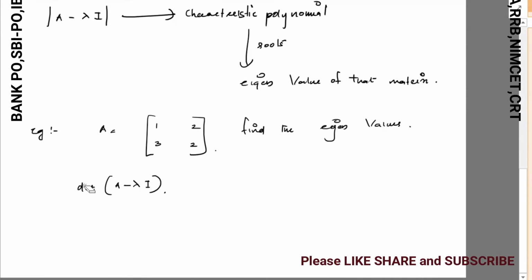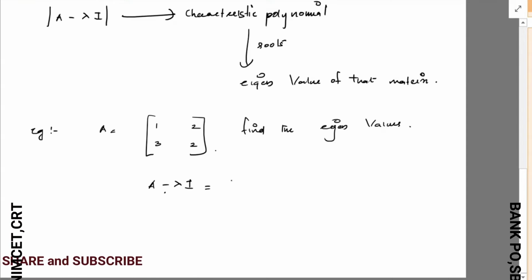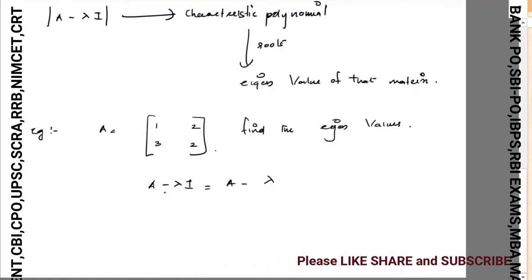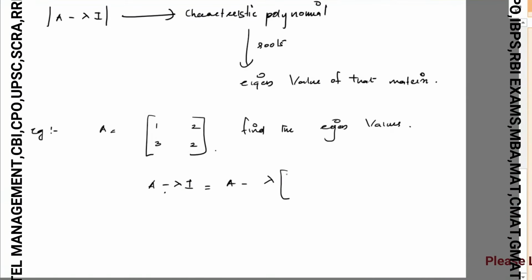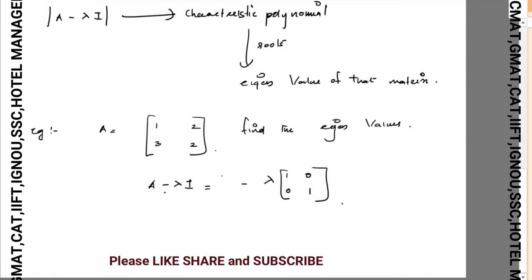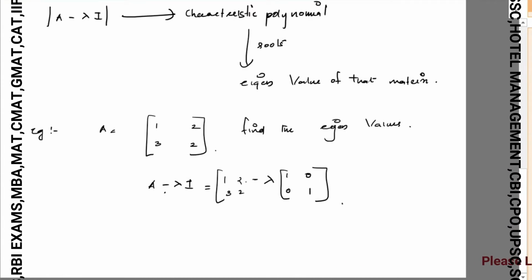And what is A minus lambda I? A minus lambda I means A minus lambda times the identity matrix. I means the identity matrix, that is [1, 0; 0, 1]. So A is given, A is [1, 2; 3, 2].